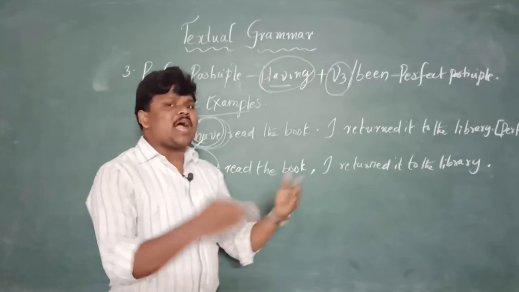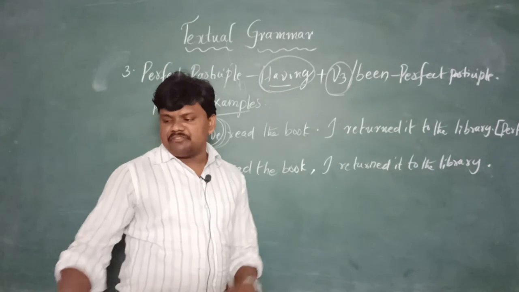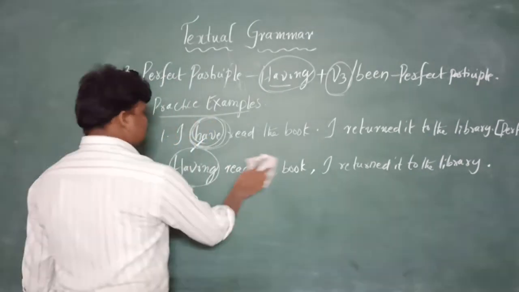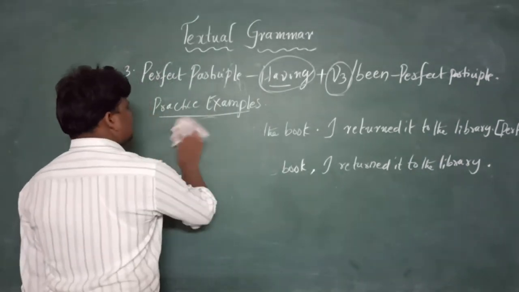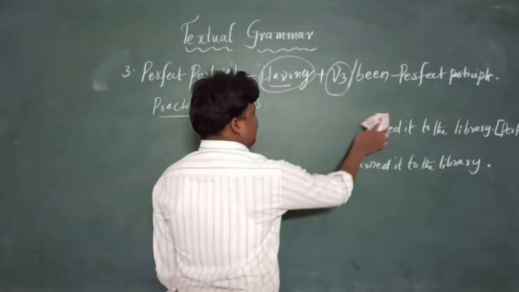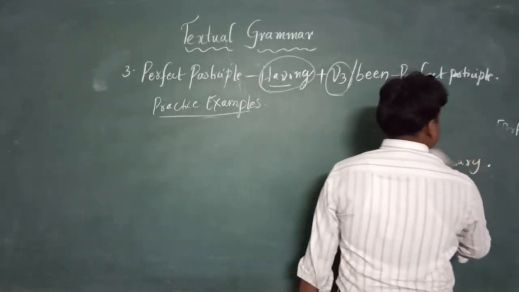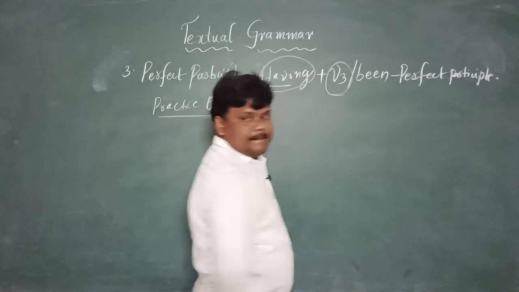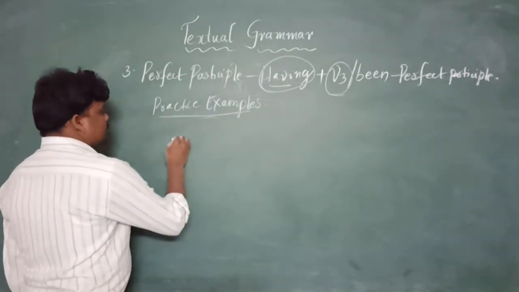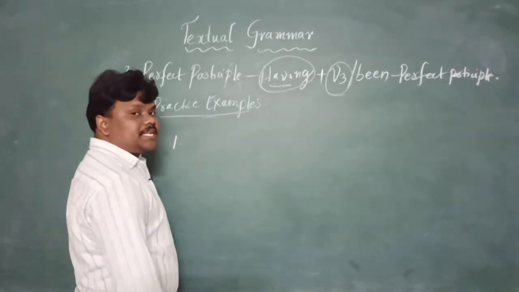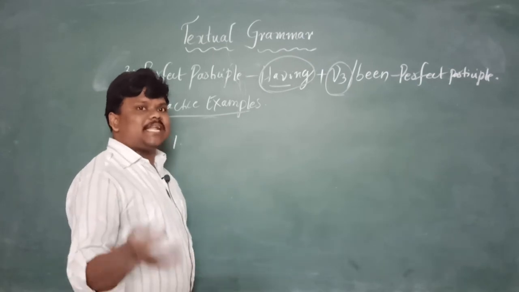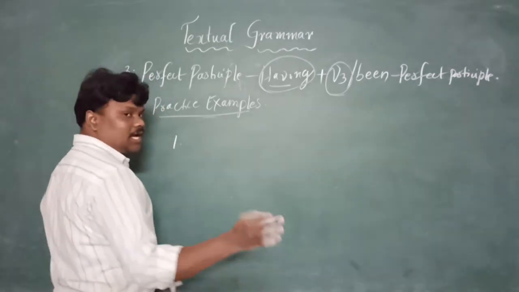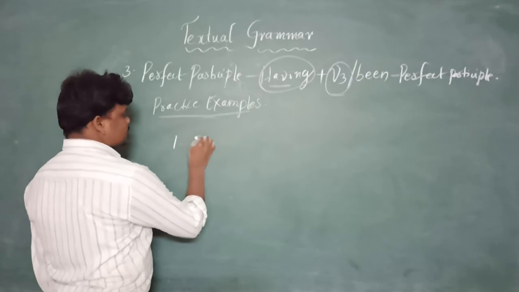If there is no has, have or had, how do we need to write the answer? That is our question now. Let's see. If there is no has, have or had in the first sentence, how do we need to combine the two sentences?